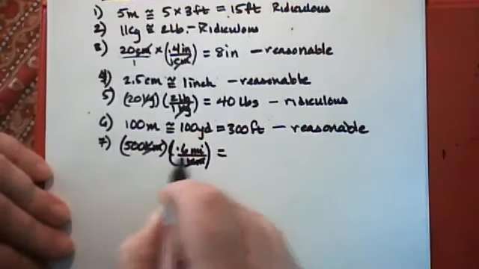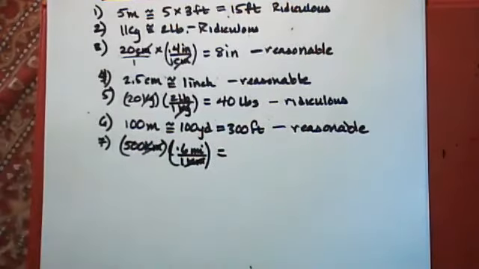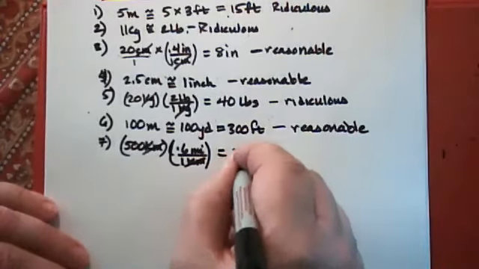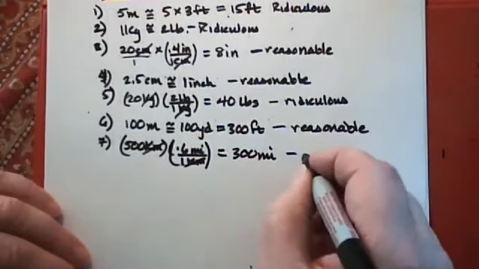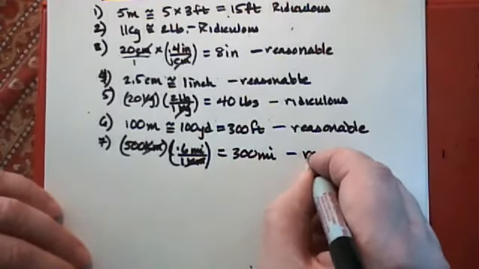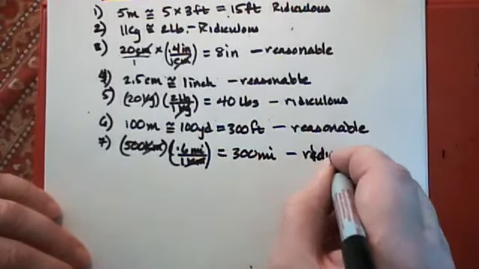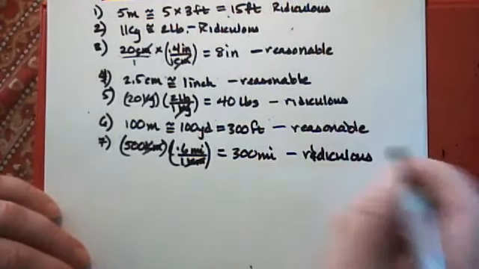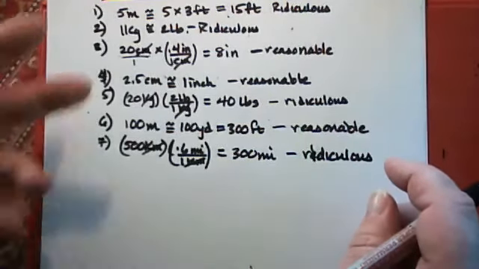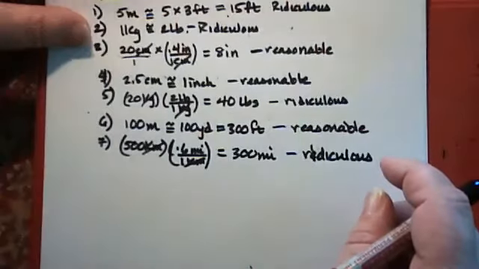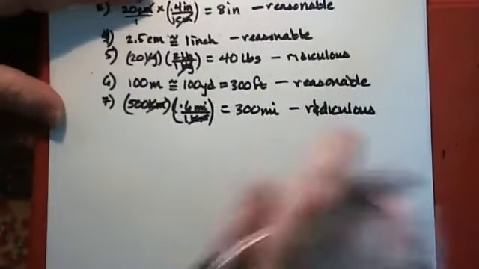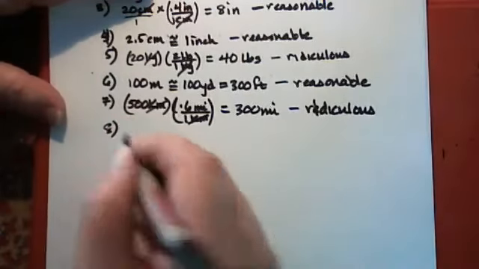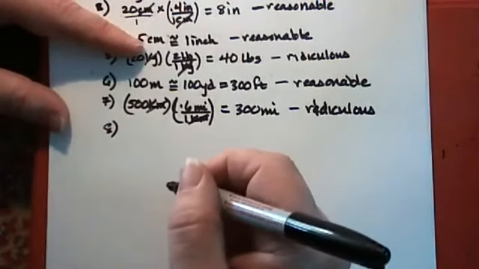So 500 kilometers, 500 times 0.6, that would be 300 miles. Not reasonable, ridiculous. Because in fact, it's around 60 miles. Maybe a little more than that.